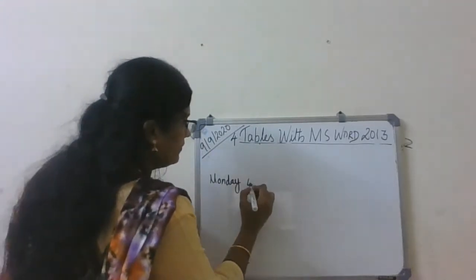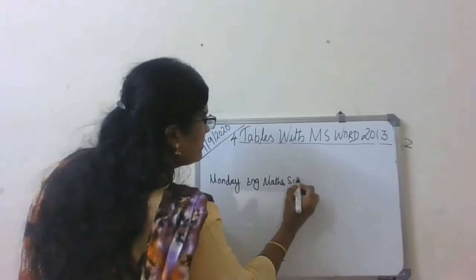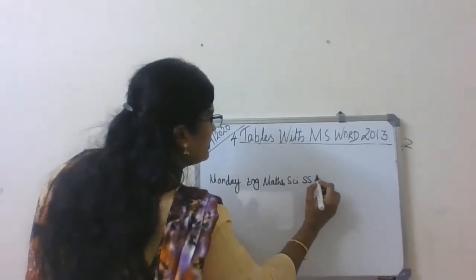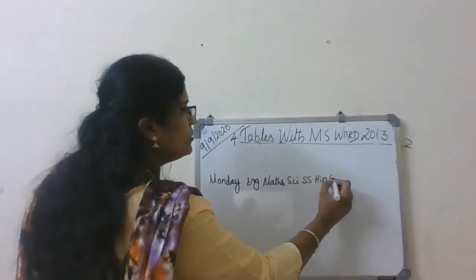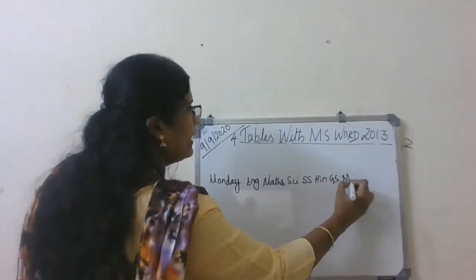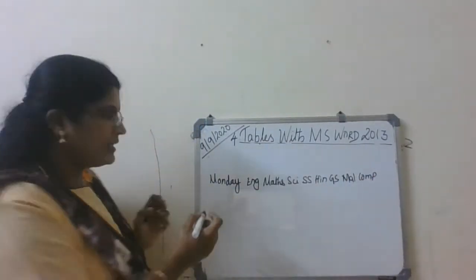So if I write a timetable like this: Monday, English, Maths, Science, SS, Hindi, GS, Malayalam, computer. I'm just writing for example.